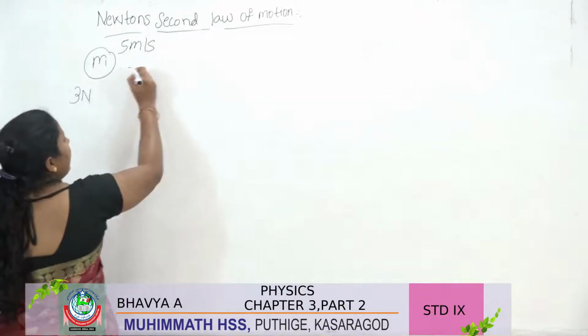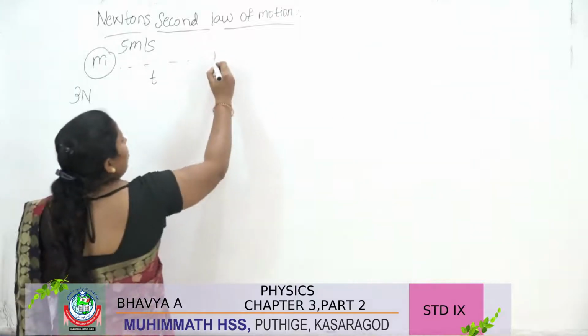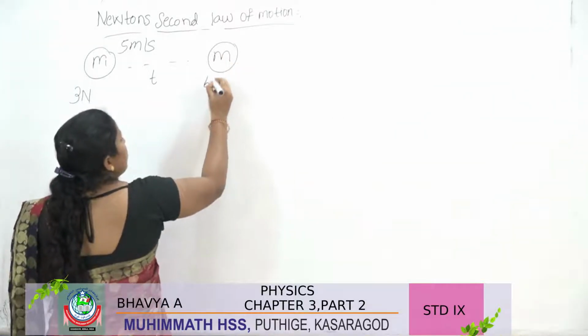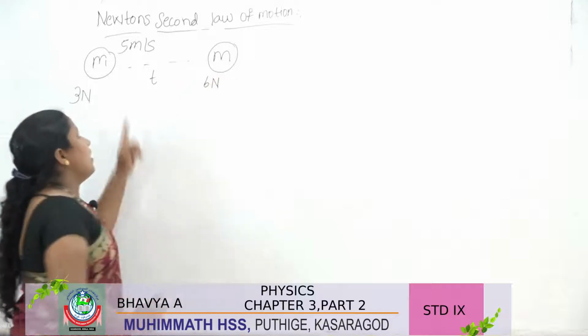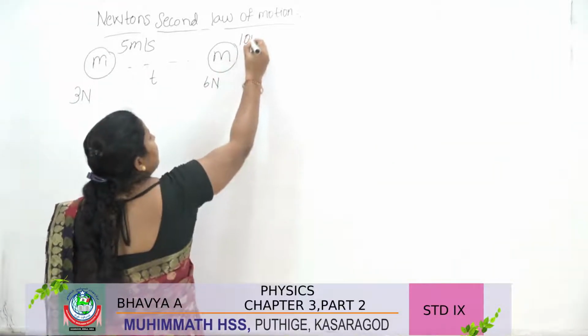After a time t second, you apply a force of 6 Newton on the same body, so its velocity changes to 10 meter per second.